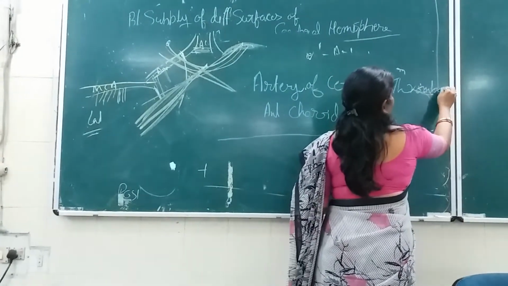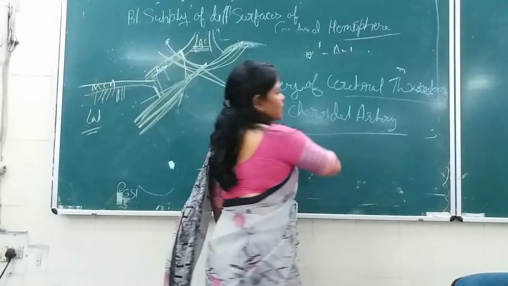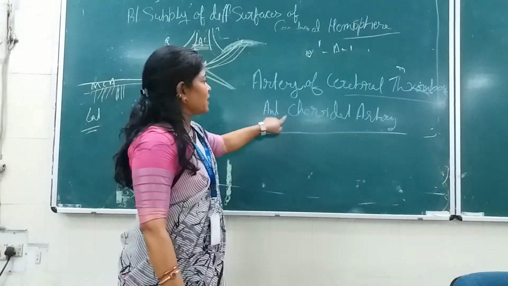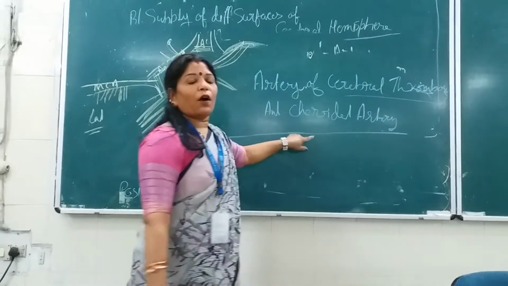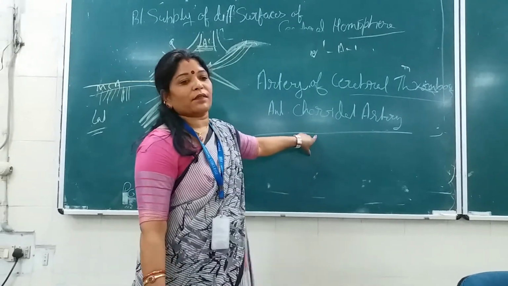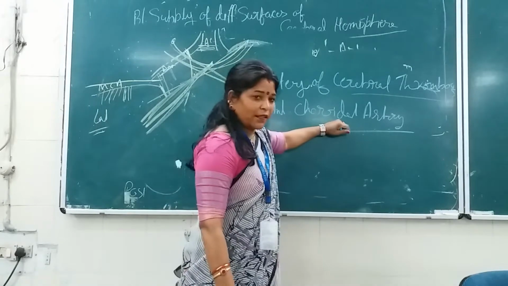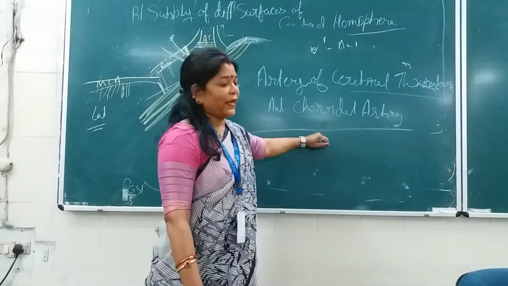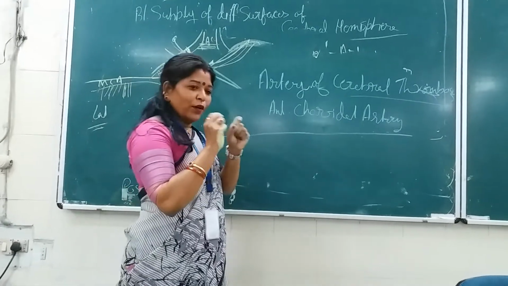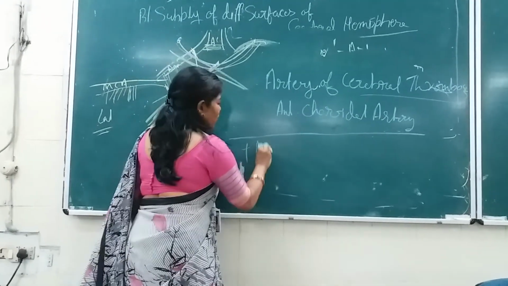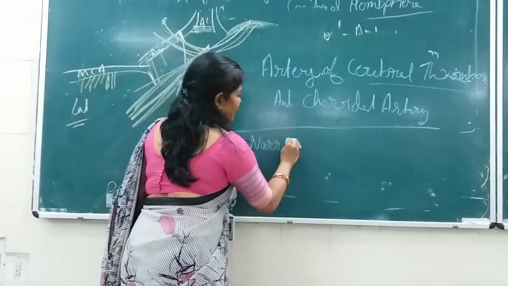Why is it called the artery of cerebral thrombosis? Because the anterior choroidal artery runs a long course in the subarachnoid space, plus it has a relatively narrower lumen compared to other arteries.